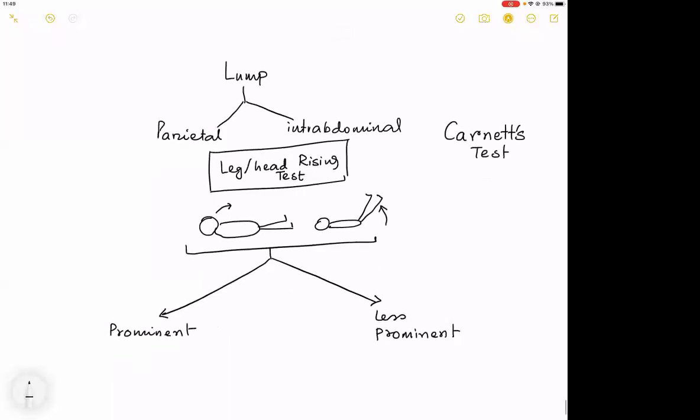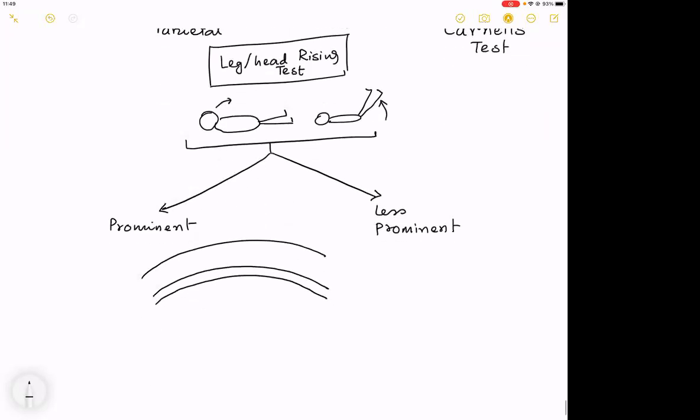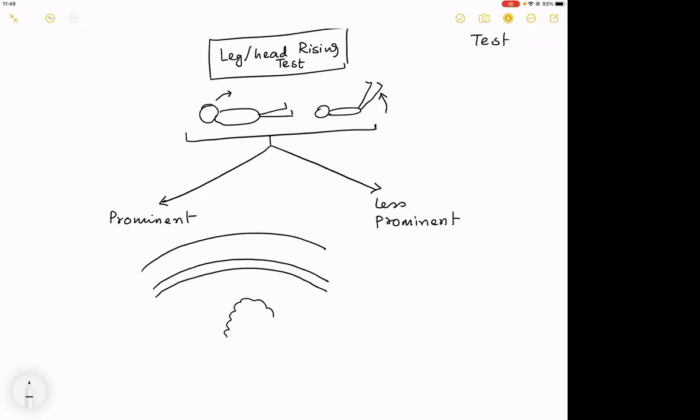Exam question: if the lump is arising, now understand the picture. If the lump is arising from an organ in the abdomen, say for example, this is the intra-abdominal organ. So as it is intra-abdominal, when you palpate that lump, what is the status of this lump?